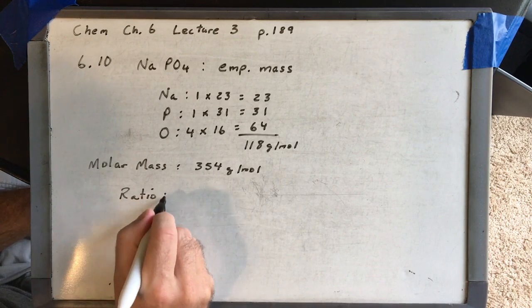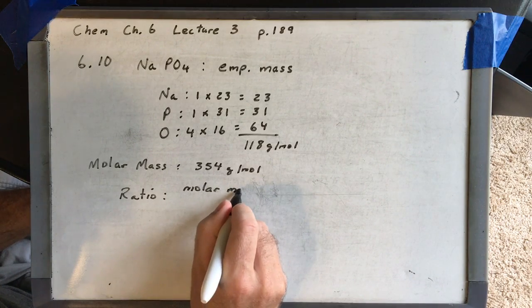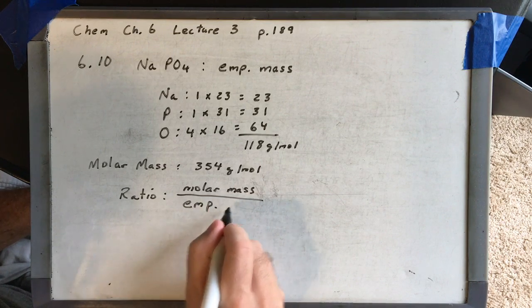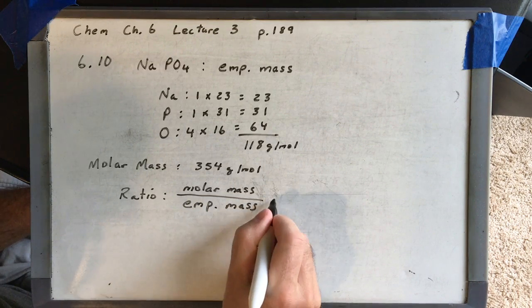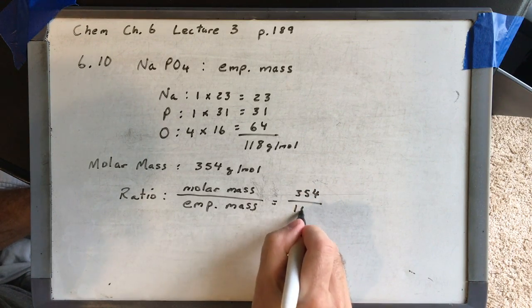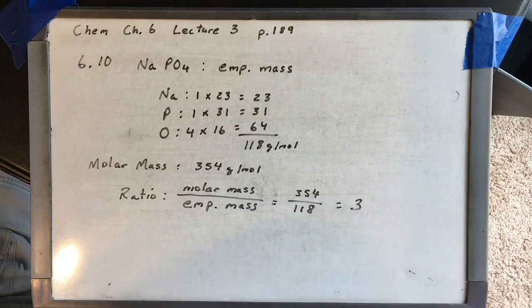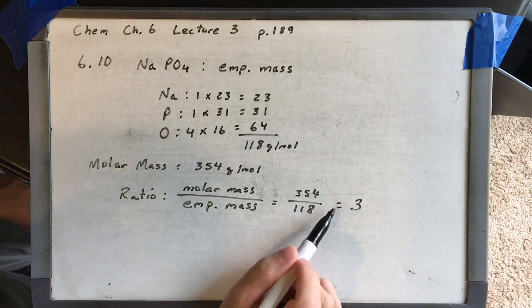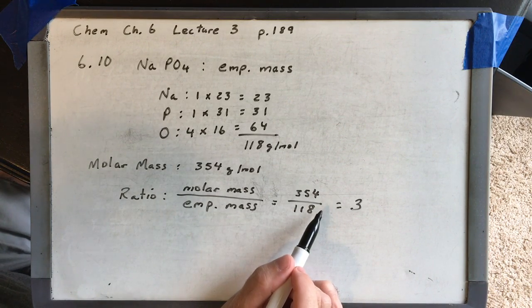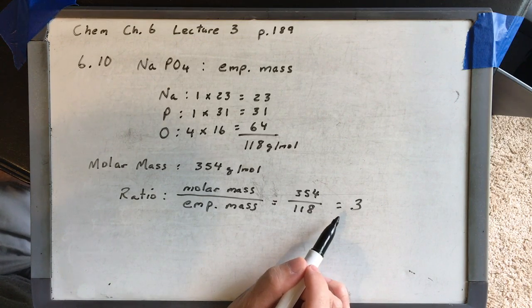Just take the molar mass, divide that by the empirical mass. So that's 354 divided by 118. And you get a whole number ratio of 3. So in these problems, you're going to get a whole number when you do this. It might be off by a very tiny amount due to rounding, like 0.01 or something like that, but it's going to be really close to a whole number.